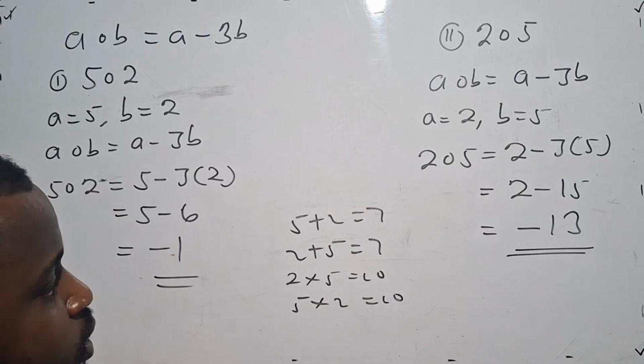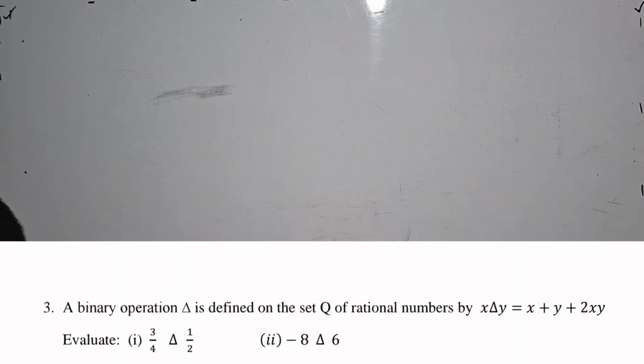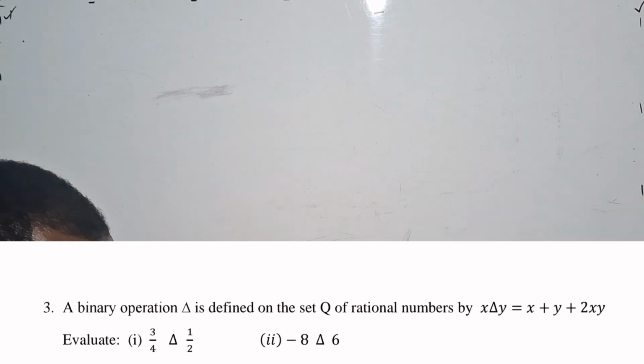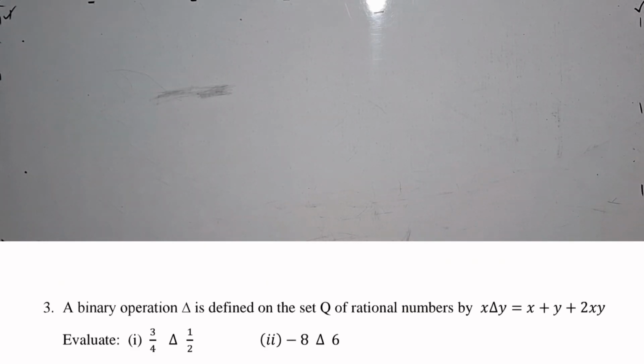Let's take more interesting questions on this. Keep watching. Question on the screen. A binary operation is defined on the set Q of rational numbers by x operation y is equal to x plus y plus 2xy. We have to evaluate I, 3 on 4 operation 1 on 2, then II, negative 8 operation 6.